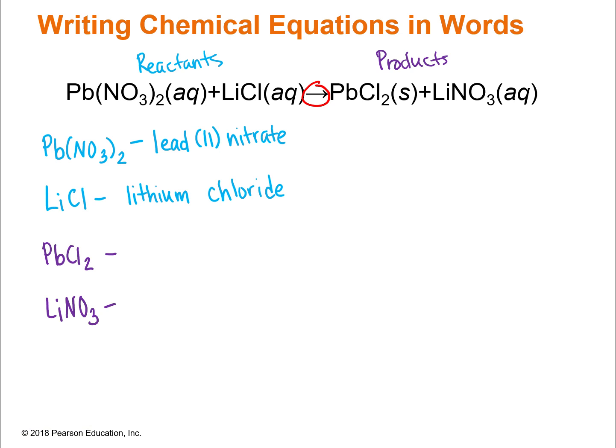And if you didn't have time to finish, that's okay. I've been doing this for a long time. For the products, with lead, you still have to indicate which ion you have. And it's Cl again, so chloride.